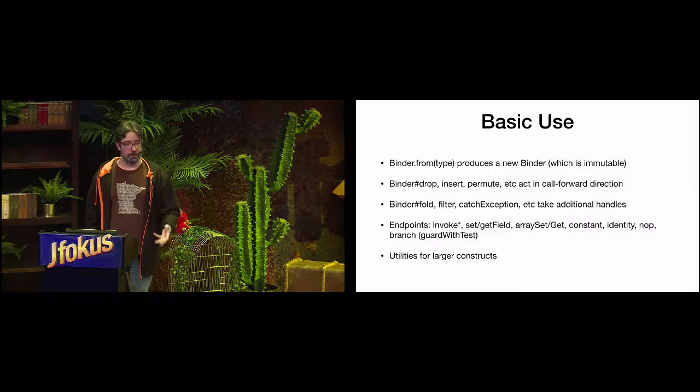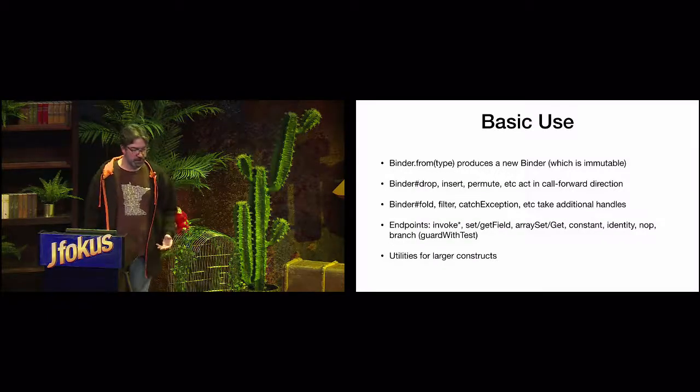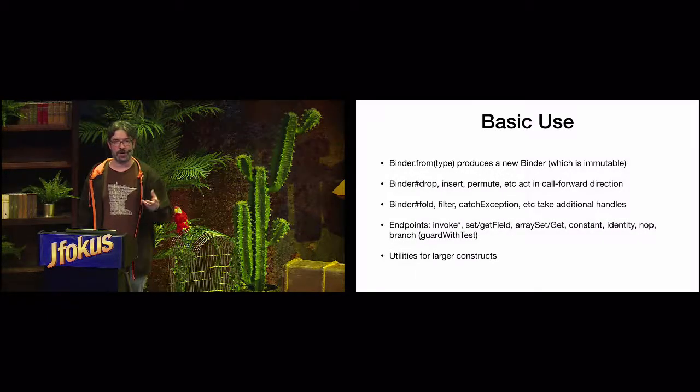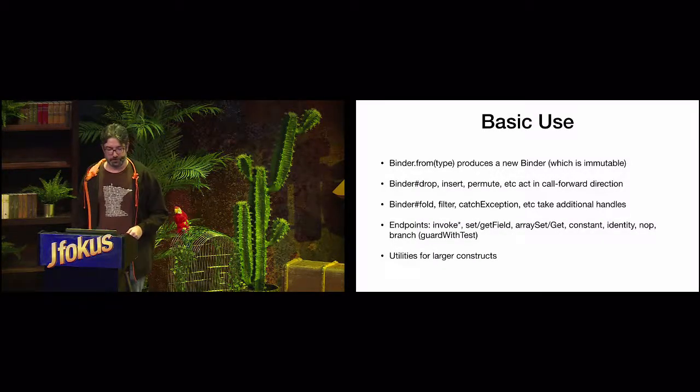You can do your folds and your filters and pass in a lambda to do the additional logic for that folded operation or for the filter that you want to do on a particular argument. And then it provides the final step where you've got all these different invokes. So you can basically commit everything that you've written into this little builder API. It will recompose all of that into method handles and give you the result.